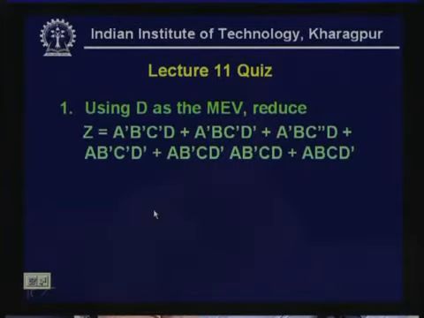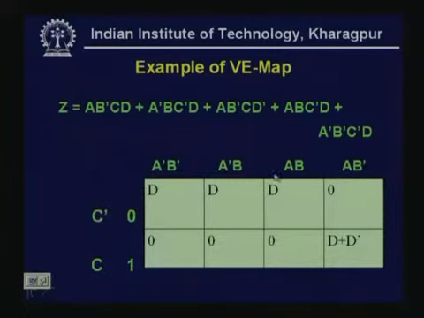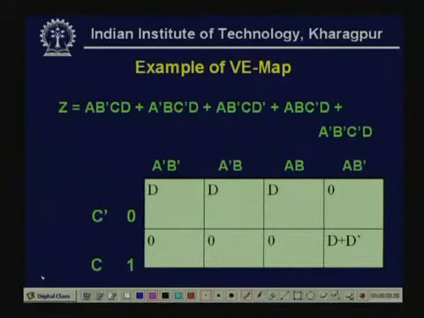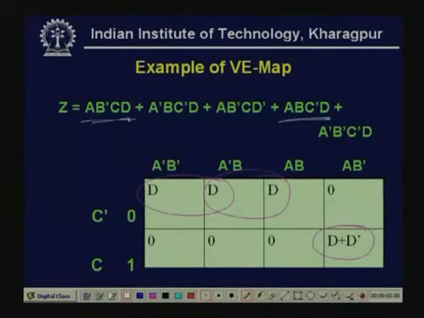So now we can reduce in the same fashion. Now we can identify some couples. See here, this one can be a couple, this can be a couple, and this itself is a couple because D plus D dash is there. For the first one and the fourth one, these two.